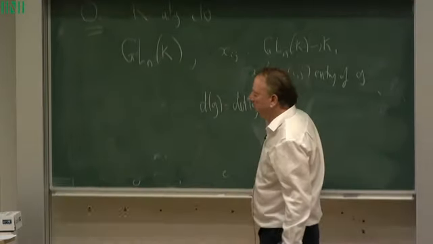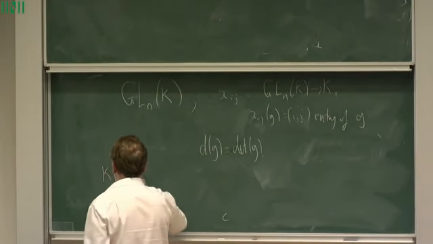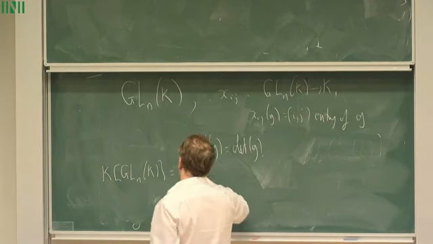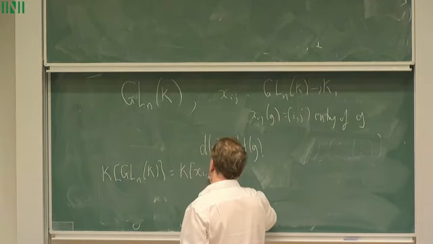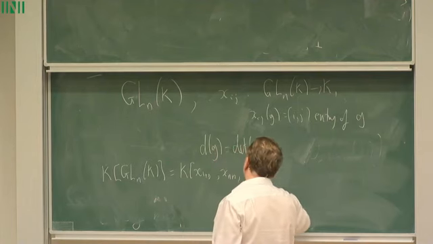Now, GL_n has its algebra of regular functions, a coordinate algebra. That's the algebra generated by the coordinate functions and the inverse of the determinant.